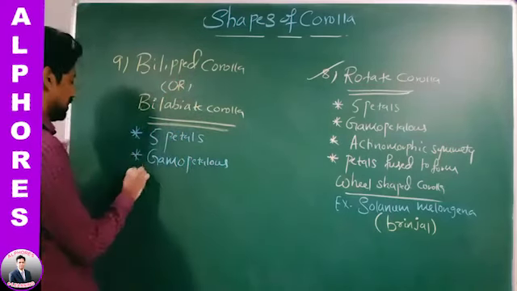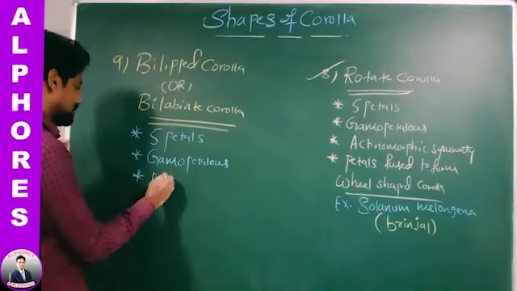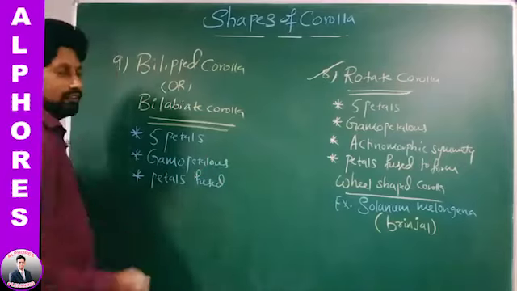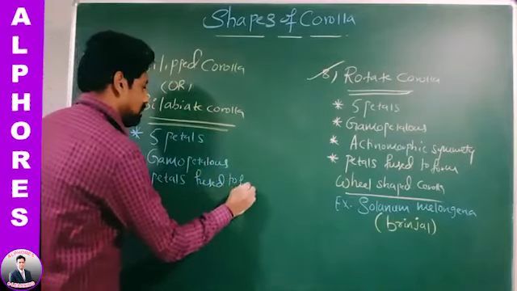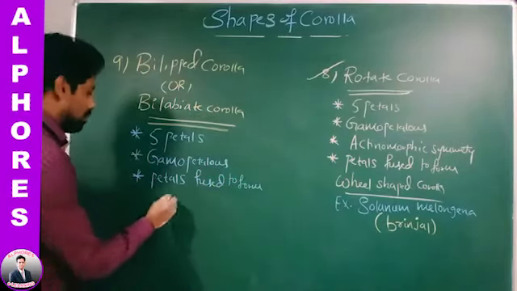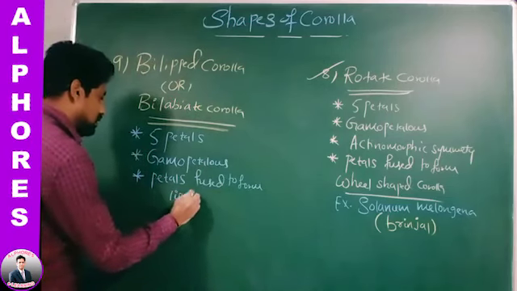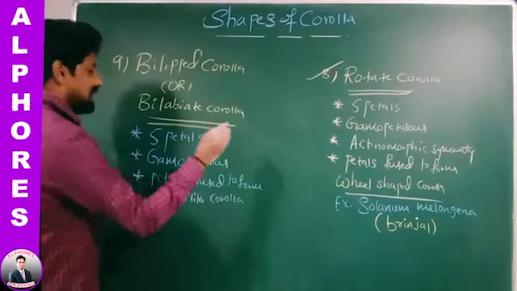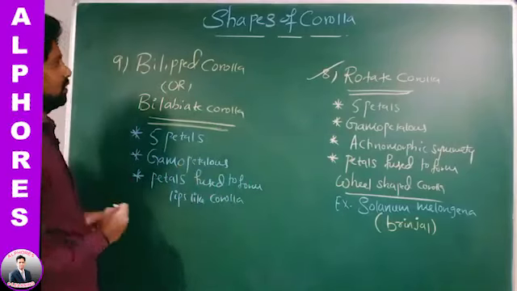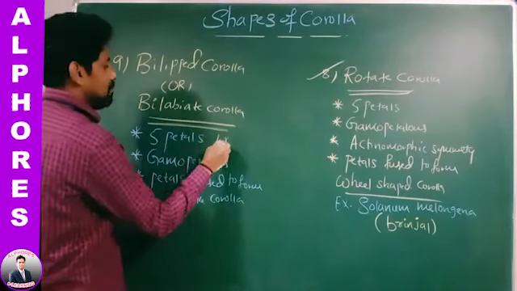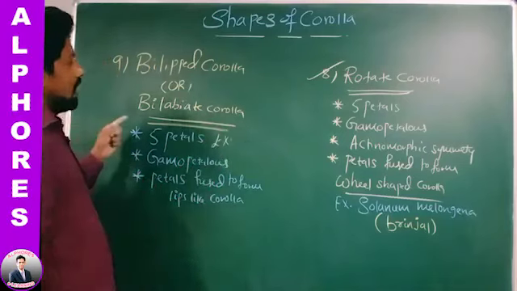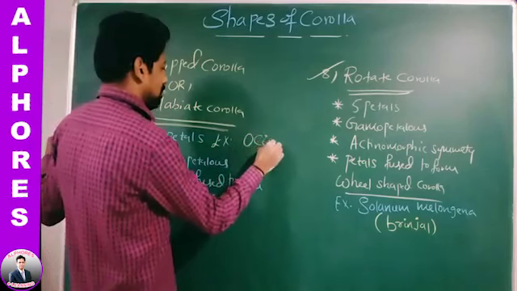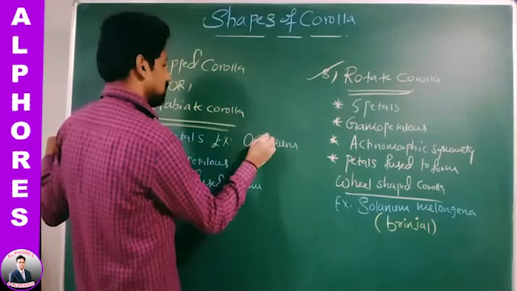Petals fused to form lip-like corolla. The examples for bilipped or bilabiate corolla: number 1, Ocimum, which means tulasi.